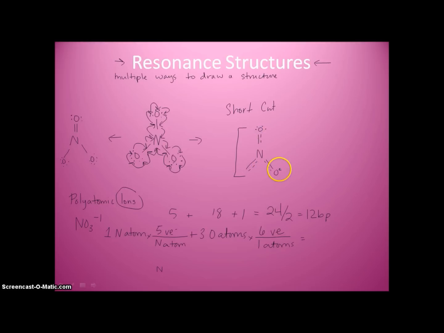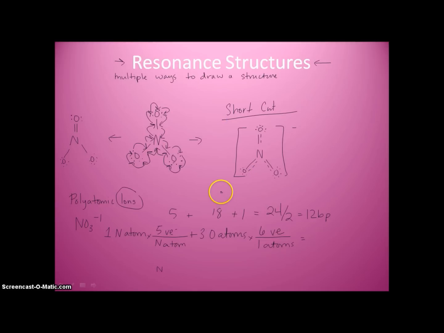And then you draw all the lone pairs out like this, and you put a negative charge. So this is the shortcut.